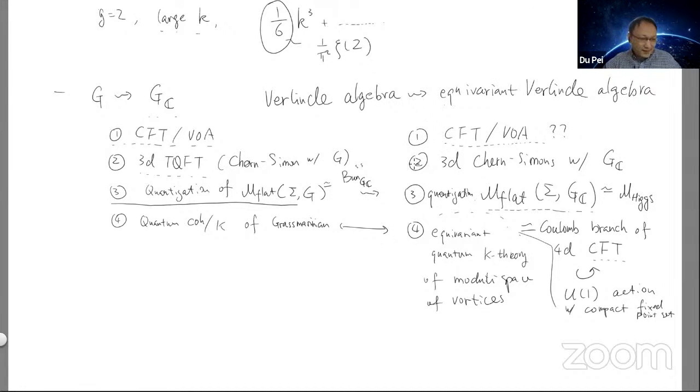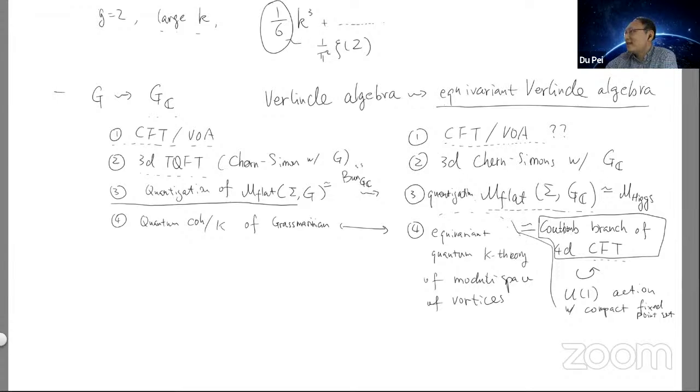So in the next lecture, I will talk more about what, in general, Coulomb branches of four-dimensional conformal field theories look like, and what this one-parameter deformation of the Verlinde formula looks like, and how the two are connected.